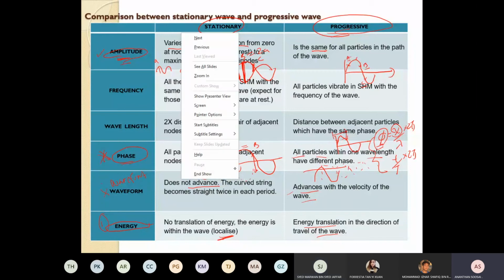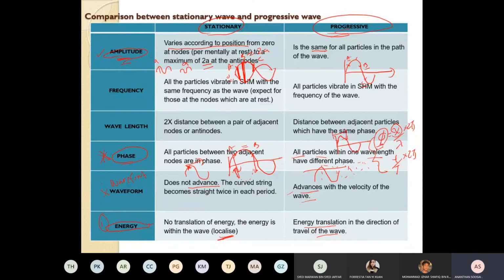When A starts to move up, B also will start to move up. So A and B within the first loop, the entire first loop, always move in the same direction. So all the particles in the first loop are said to be in phase.